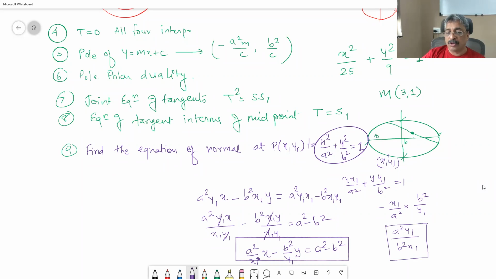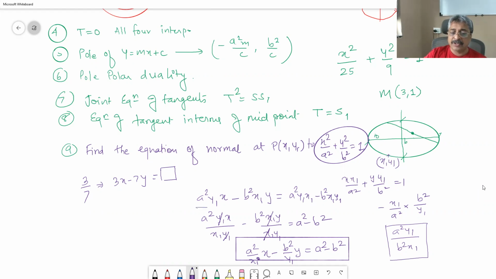Suppose you give me slope of normal 3 by 7. Then I will start writing the equation of line 3x minus 7y. That is my LHS. And if you have a point on that normal, you put it in this and write on the RHS. That is how it has to be done, very fast, very quickly. So the slope is a square y1 upon b square x1.